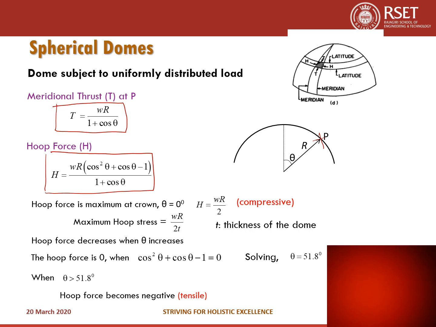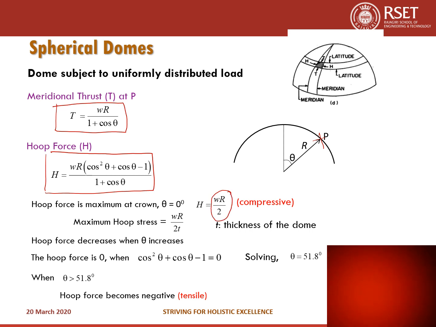And hoop force is maximum when theta is equal to 0. If you solve this expression, cos 0 will be 1, so the maximum hoop force will occur at the crown, and the value will be WR/2, and the value is positive.